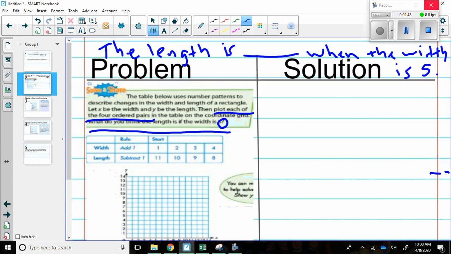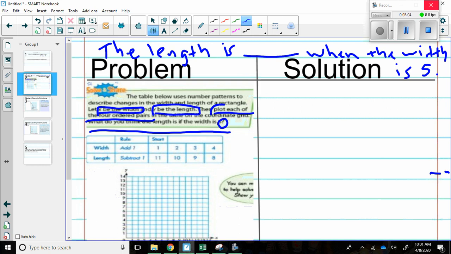Next, we want to box the keywords. Let's review the problem. The table below uses number patterns to describe changes in the width and length of a rectangle. Let x be the width, so x is the width, and let y be the length.